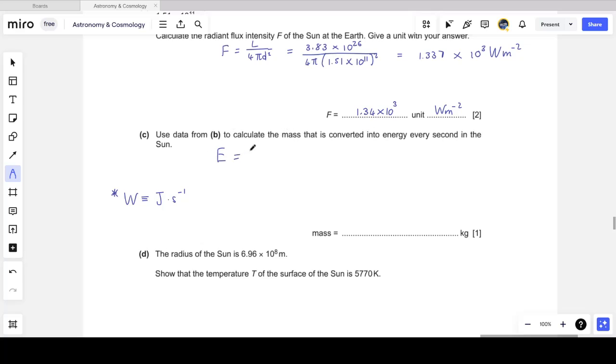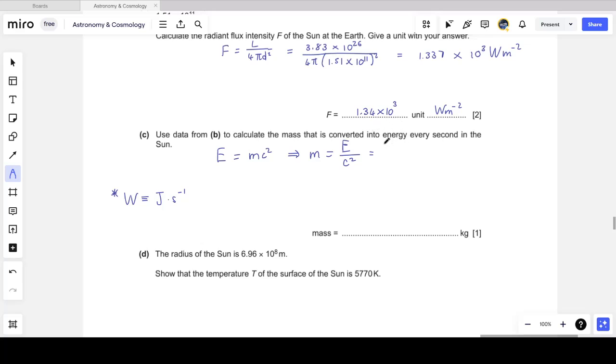And so E is equal to mc squared if I find the energy mass equivalent. The m is coming from the mass of the hydrogen atoms that are being fused together to form the helium and releasing the energy, which means that if I wanted the mass, it must be the energy per unit time, which is 1 second, divided by c squared. But we already know that the energy per second is the power.